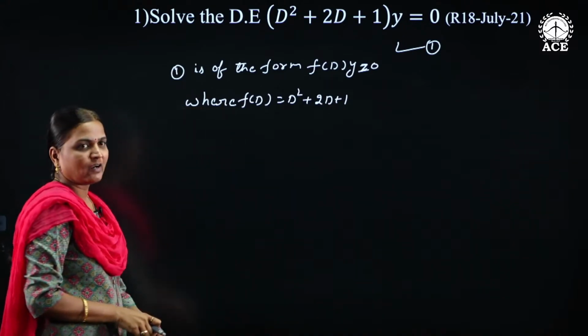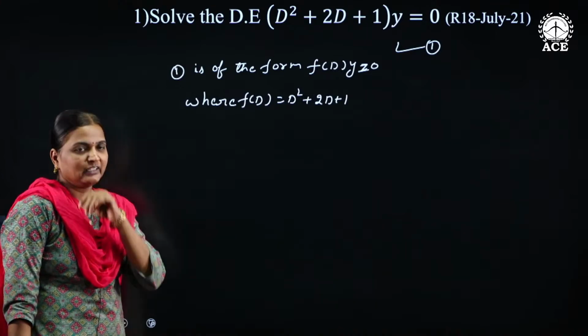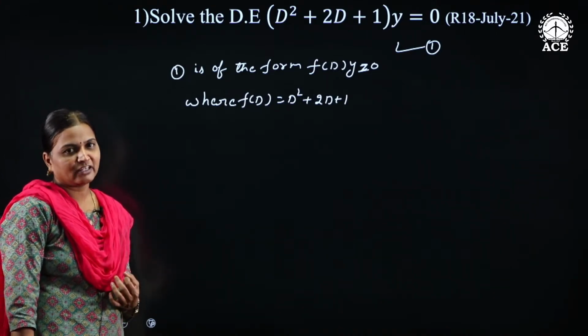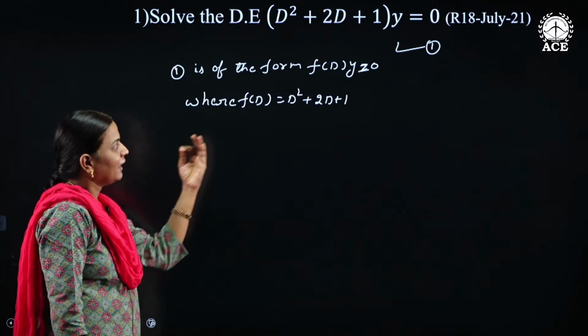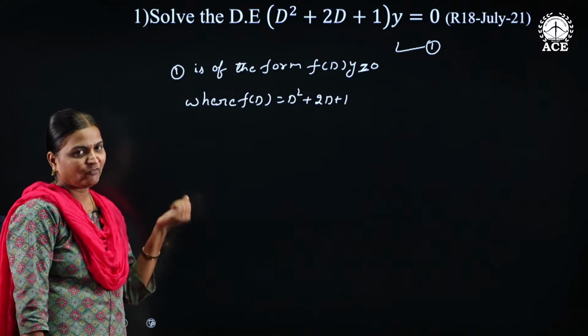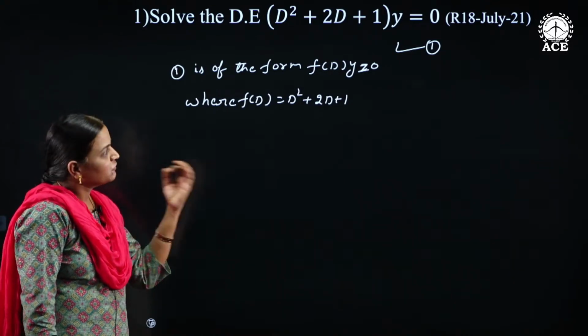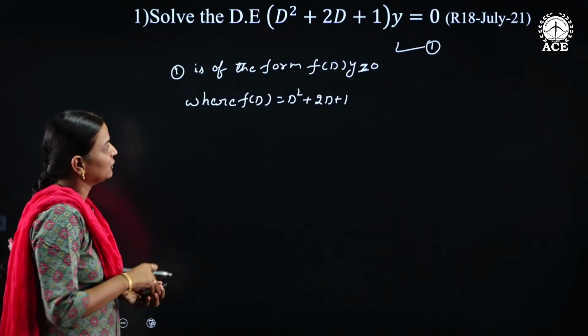So how to find its general solution? To write the general solution of a homogeneous linear differential equation, consider the auxiliary equation. What is the auxiliary equation? Replace d by m in f of d and equate that polynomial to 0. That means solve that algebraic equation, f of m equal to 0.